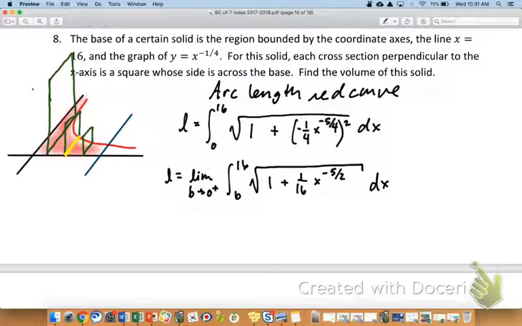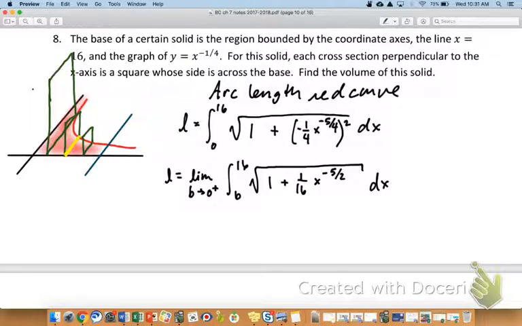Do you guys have anything else as far as review questions? Let me just run through it really quick, just to make sure you can make mental check marks for your quiz tomorrow. You've got area between curves, that was the first topic. You've got volume using disks, which is essentially the integral of pi r squared.